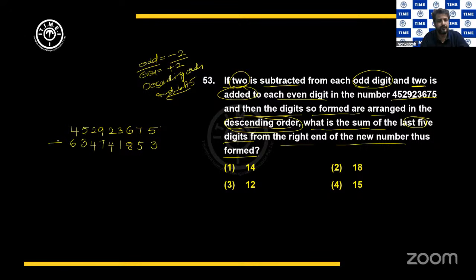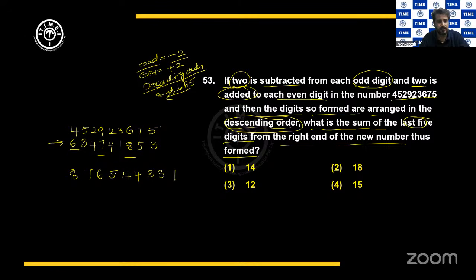Now these are the newly formed digits, arranged in descending order, meaning highest to least. The highest is 8, followed by 7, 6, 5, 4 appearing 2 times, 3 appearing 2 times, and 1.